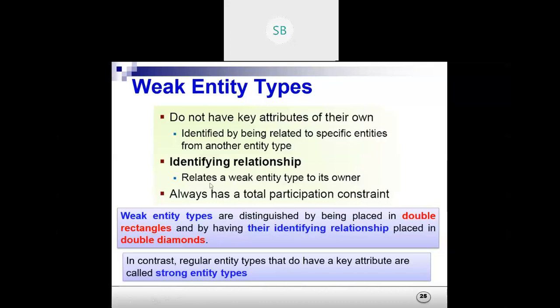A strong entity type is a normal entity which has a primary key. Any entity which has a primary key is known as a strong entity, and which does not have a primary key is known as a weak entity. Understood? Primary key is a key attribute, like a unique identifying number. I'll explain how to identify it, you'll be clear right now.